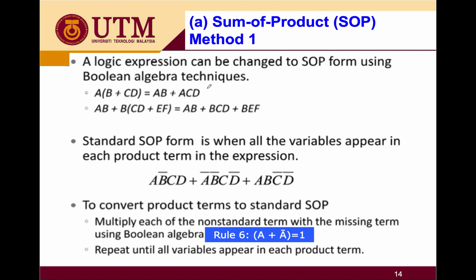Then after that, you look into this example, which is standard SOP form when all the variables appear in each product. Because this is an example, it's just repeating for you to remember. These are two examples, and you can see this is non-standard.